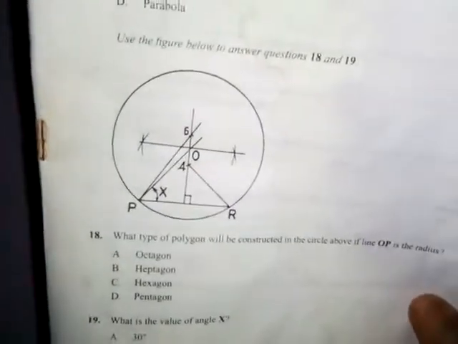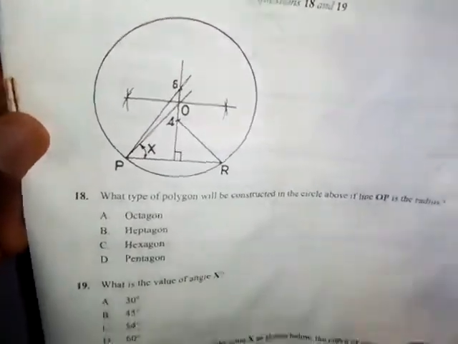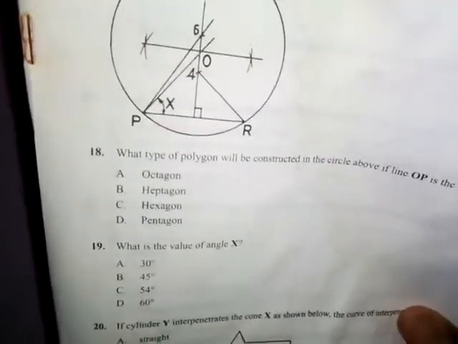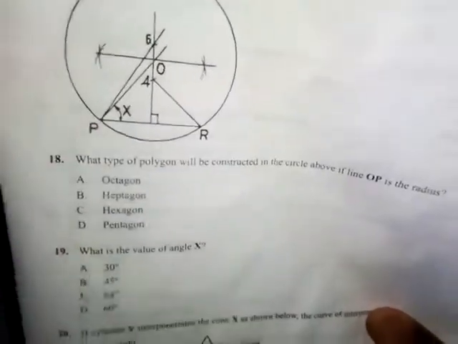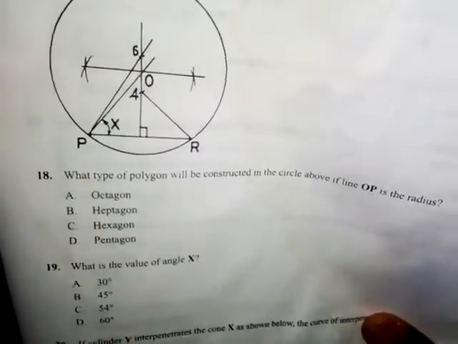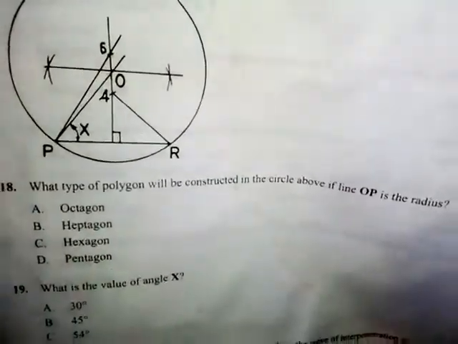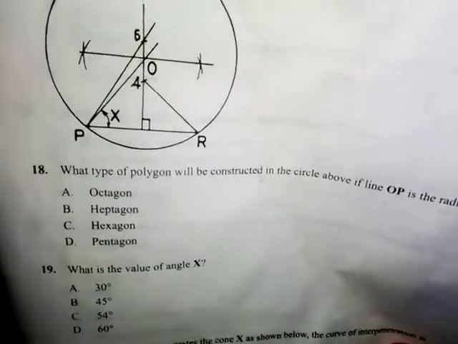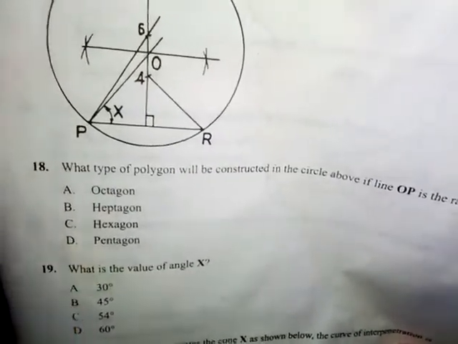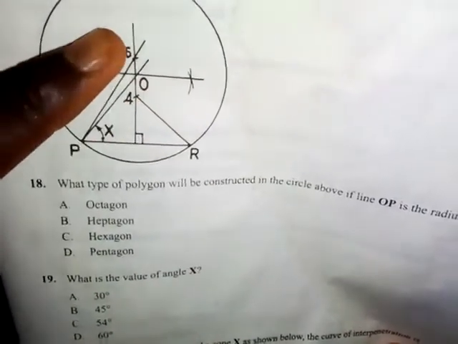Question 18 and 19. Now we have to use this figure to answer question 18 and 19. Question 18 asks what type of polygon will be constructed in the circle above if line OP is the radius. The type of polygon that will be produced is a pentagon, a five-sided polygon, because here we are supposed to have 5 in between 4 and 6.